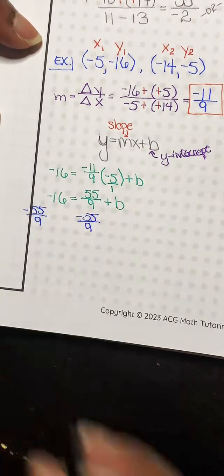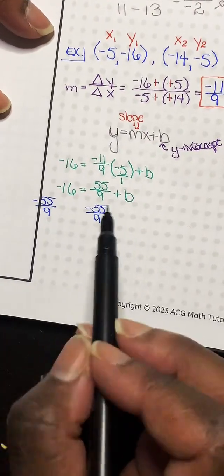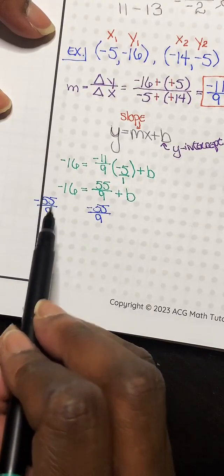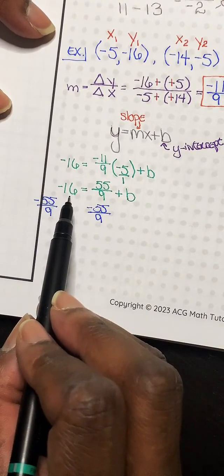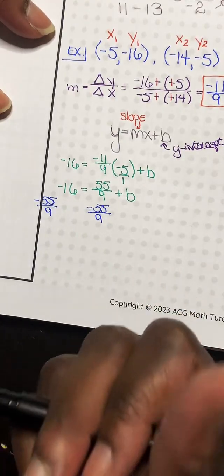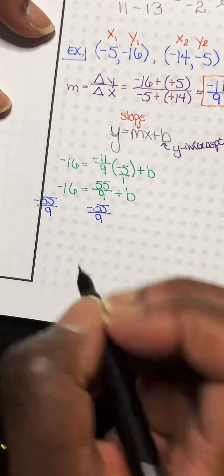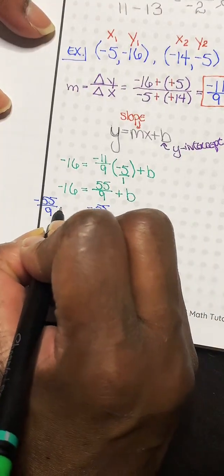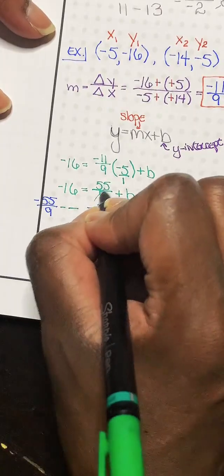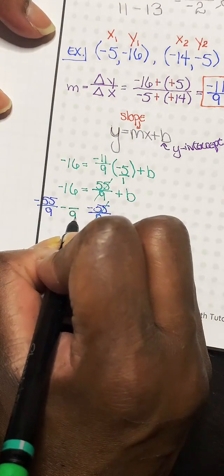Now, the reason I put it all the way over here is because if I'm going to combine negative 55/9 with a -16, remember, when you're adding and subtracting fractions, you need a common denominator. So we have to figure something out. I'm going to bring down the minus sign. These cancel out, giving me a denominator of 9.